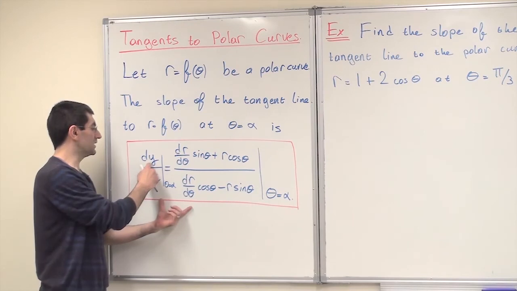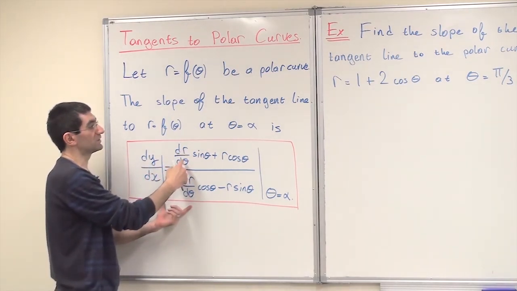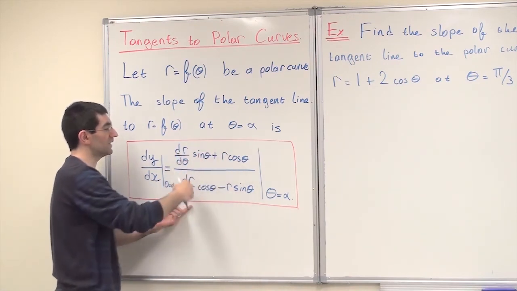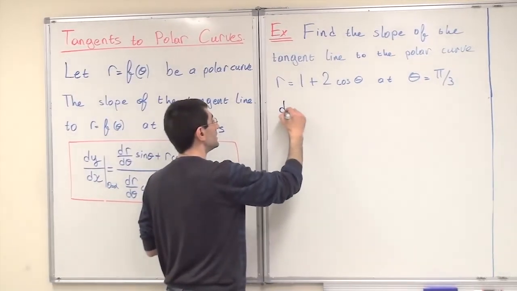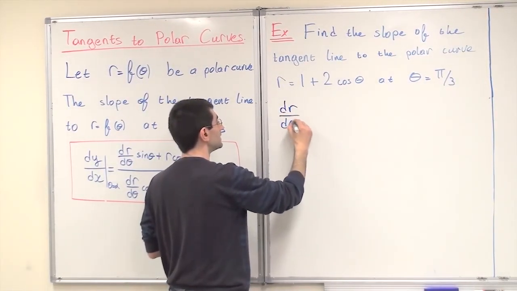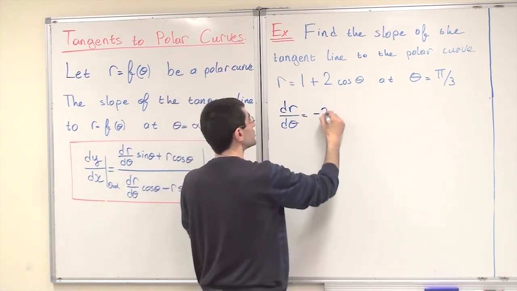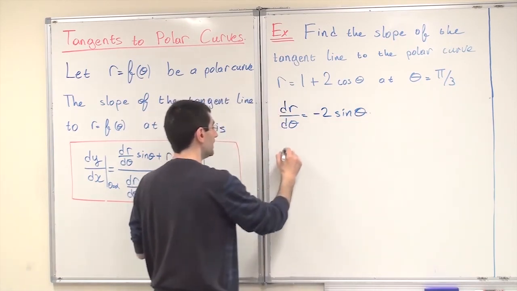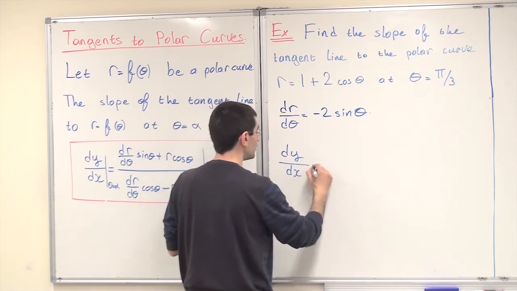We need to calculate first the derivative of r with respect to theta, and then we will put it in this formula. So dr over d theta is minus 2 sine theta. Okay?